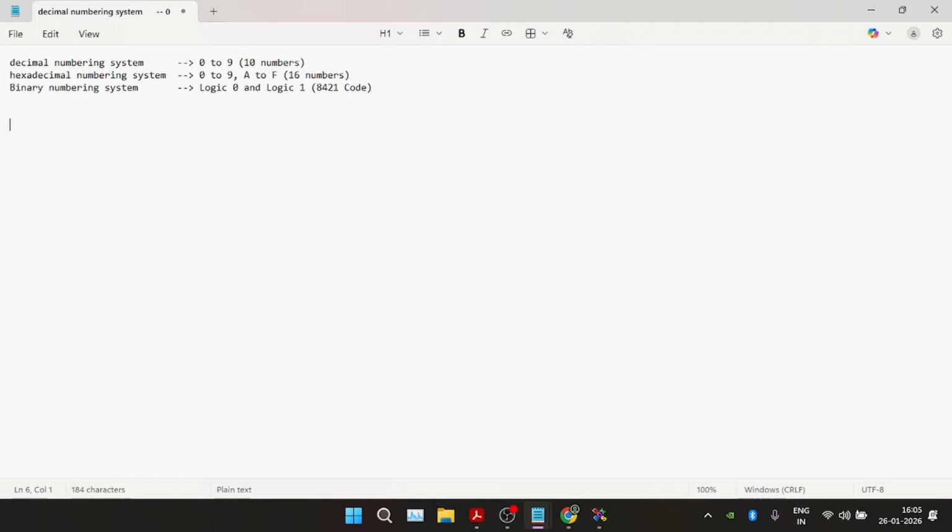For example, if you want to represent any number, let us take 16 bits. I'm randomly taking 0001 space 1110 space 1010 space 0101. So I have a total of 16 bits of binary information.